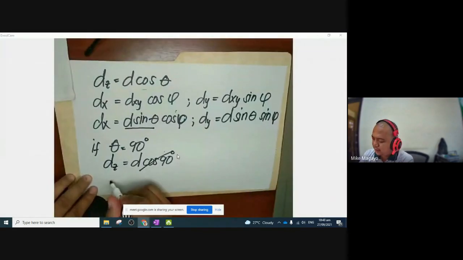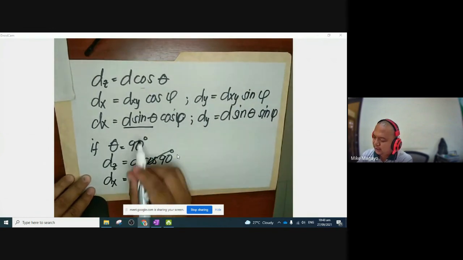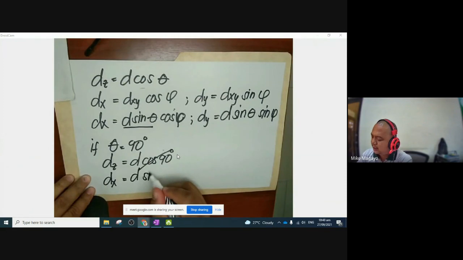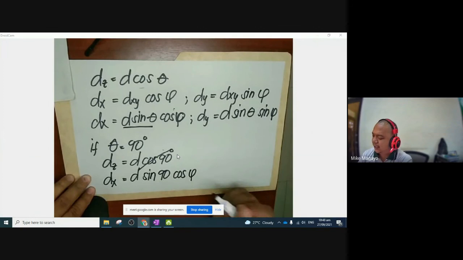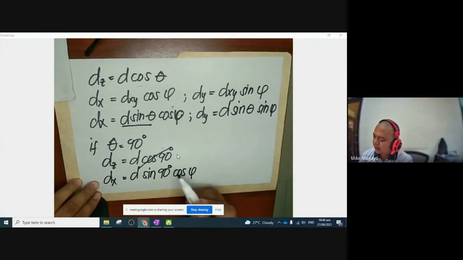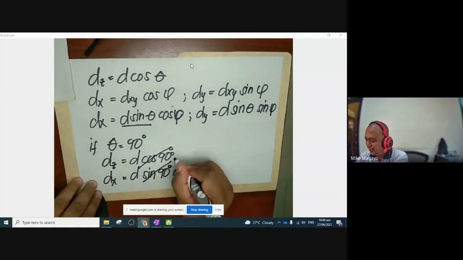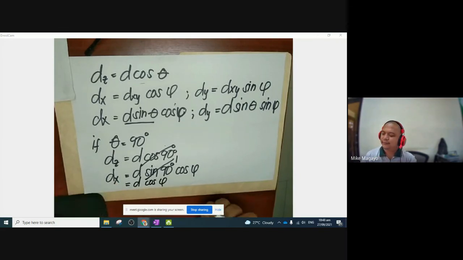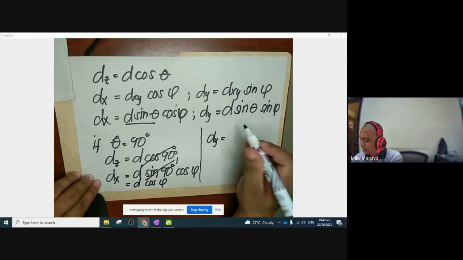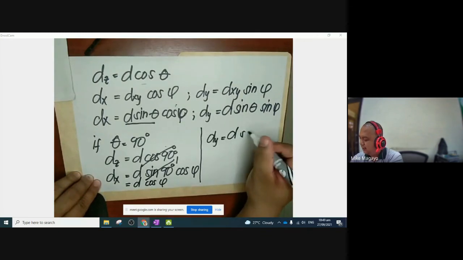And as you can see, dx, which is d sine theta cosine phi, with sine 90 degrees being 1, is just d cosine phi. And your dy would just be d sine phi.